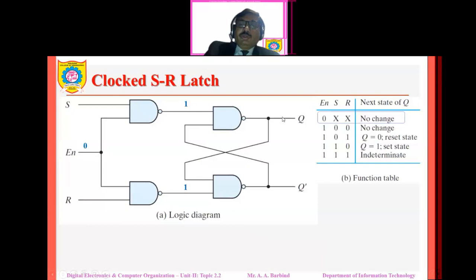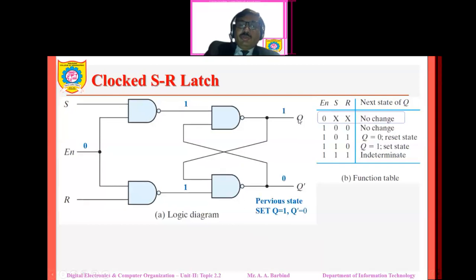So if the previous state of the flip-flop is, let us say, set, that is Q is 1 and Q dash is 0, then in that case the previous state of the flip-flop will remain the same, whereas if the previous state is reset, that is Q is equal to 0 and Q bar is equal to 1, then it will remain in that particular state.